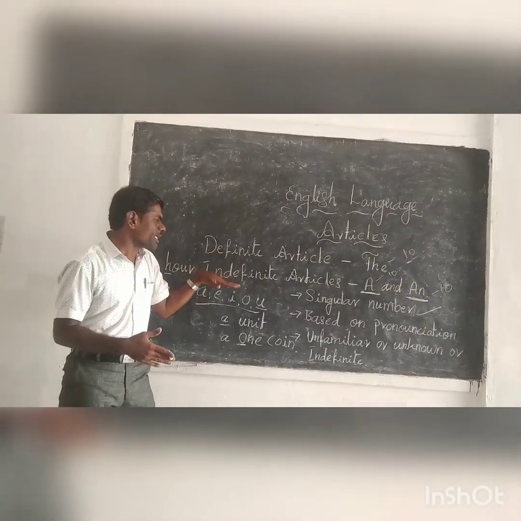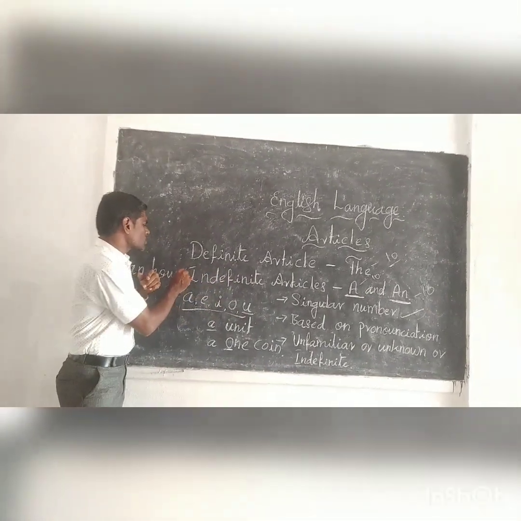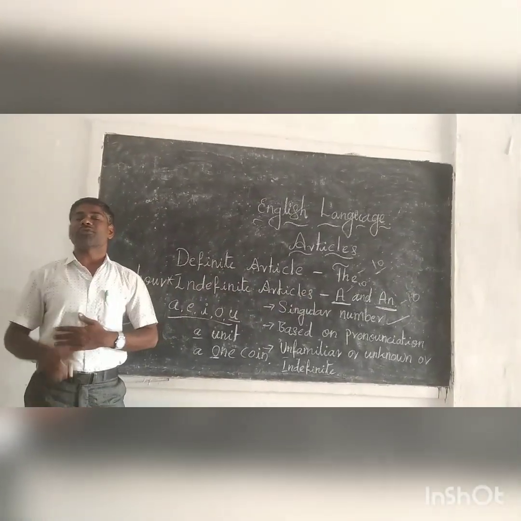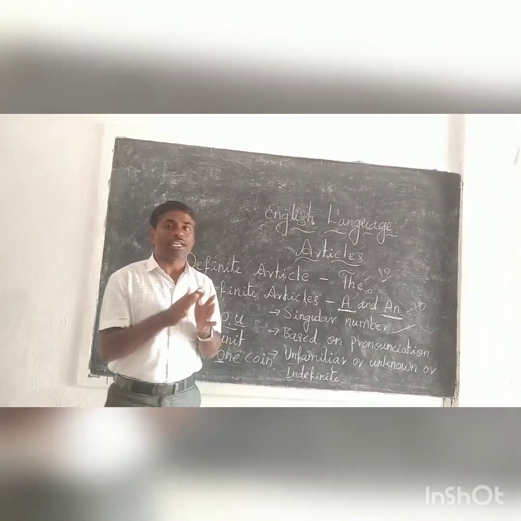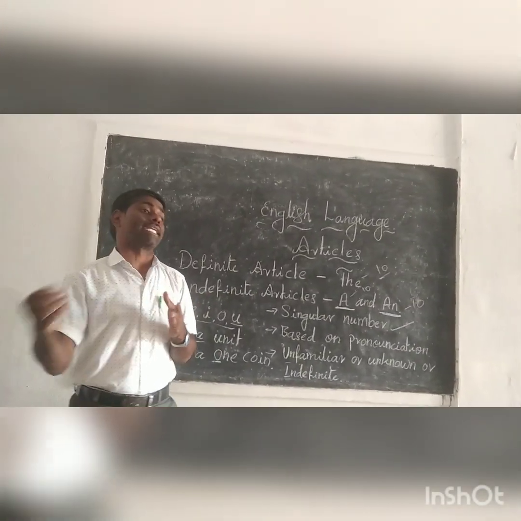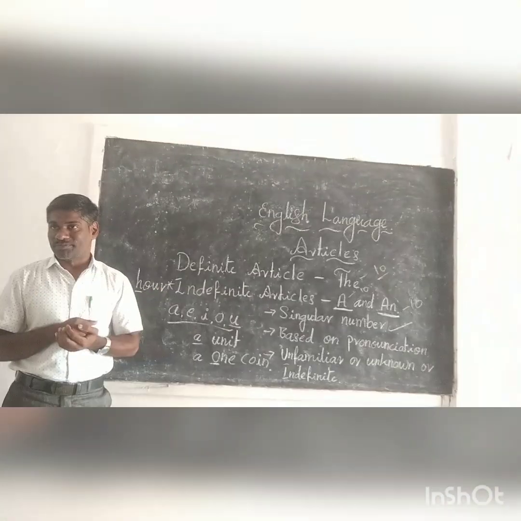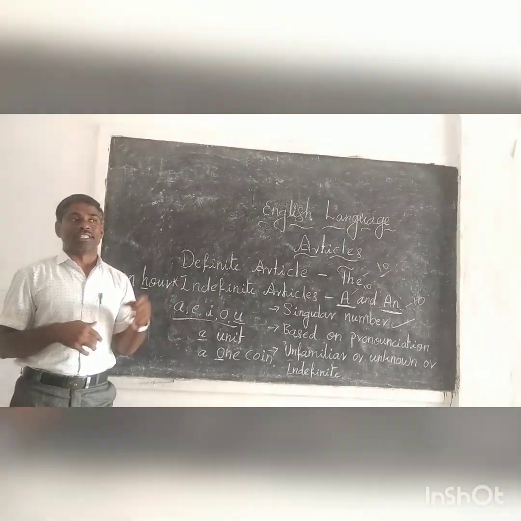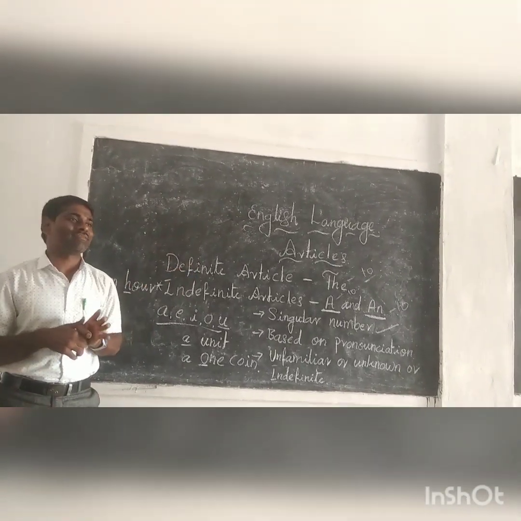The word itself says it. One more reason, this is also one of the reasons. Indefinite article. Indefinite means what? It is a thing that is not definite, not perfect, not particular. For example, if I say, bring an apple, I am not focused on whether it is a Kashmiri apple or a Simla apple.